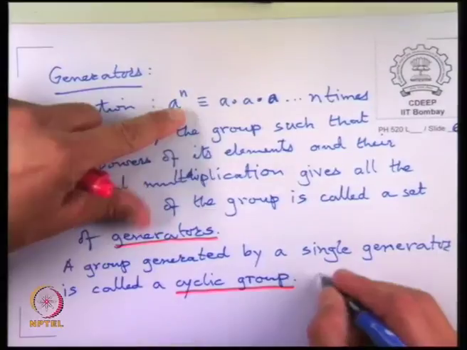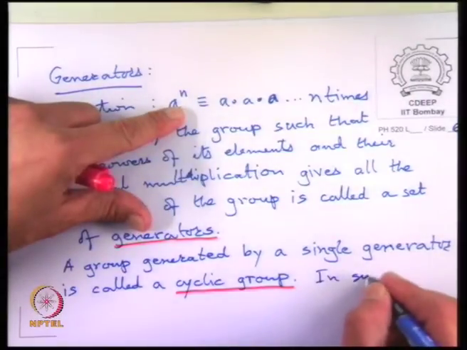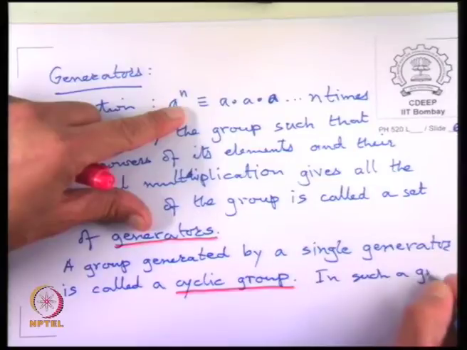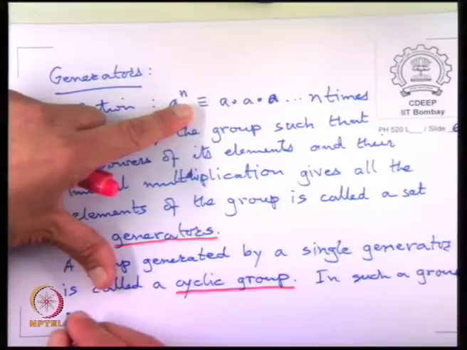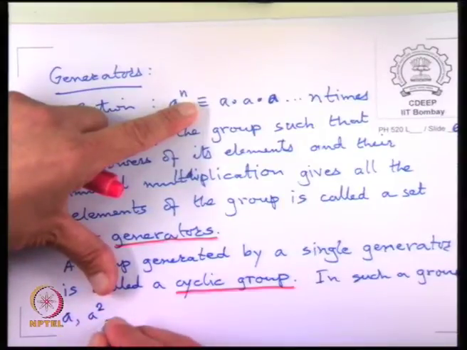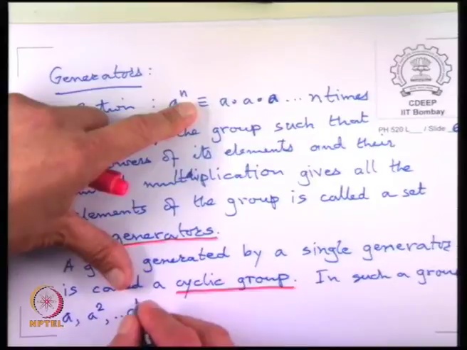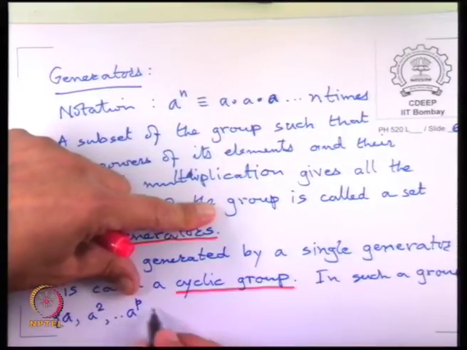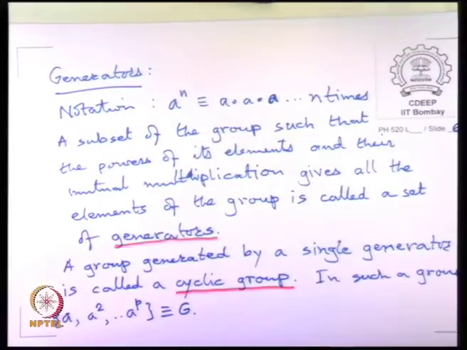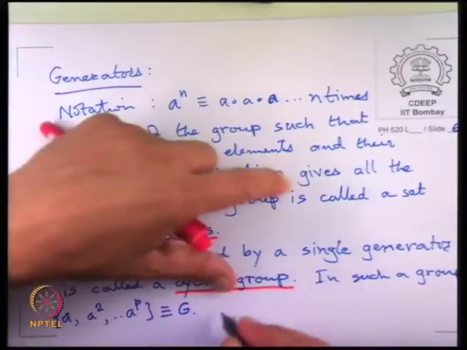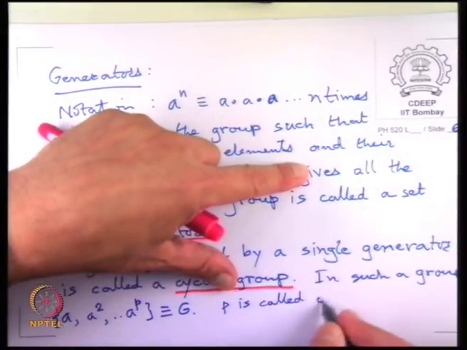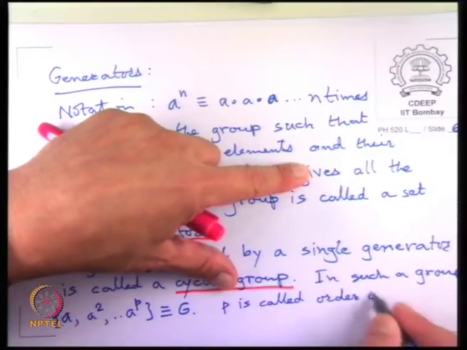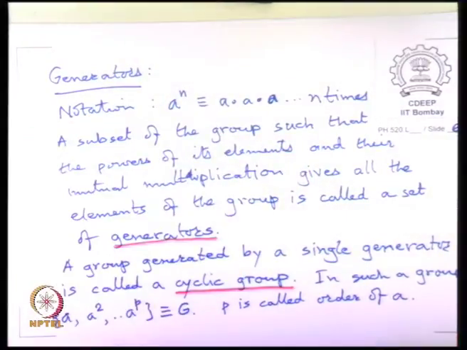So, in such a group, a, a squared, up to a to the p is the whole group, and p is called the order of the element a, which is the generator.